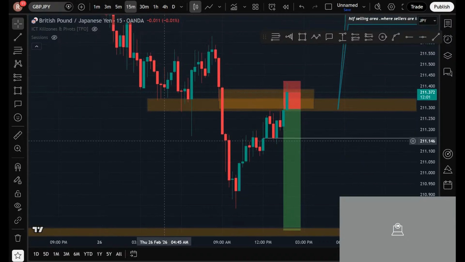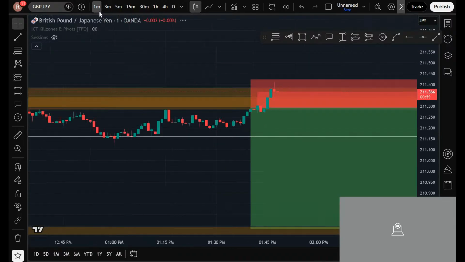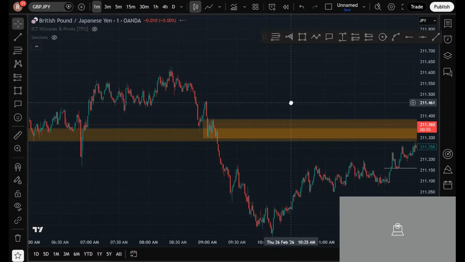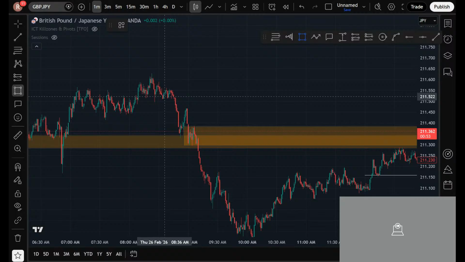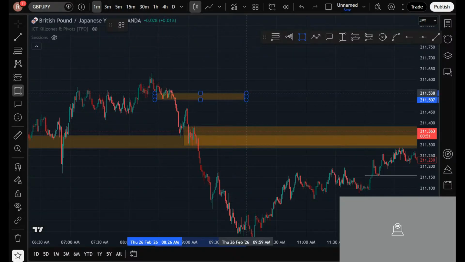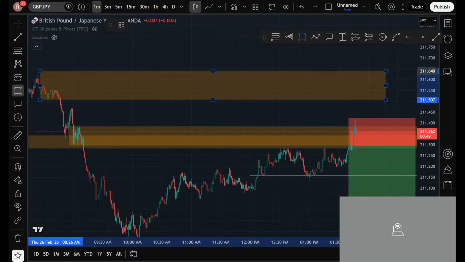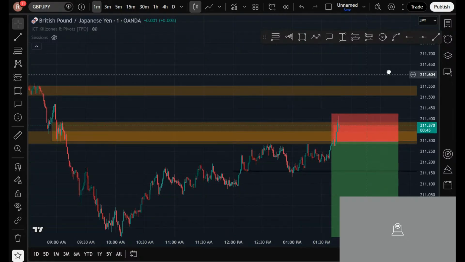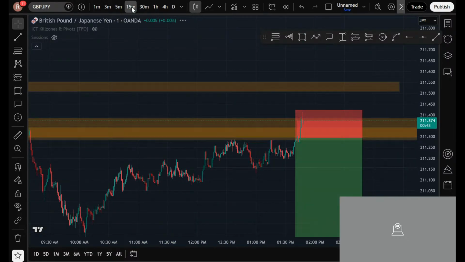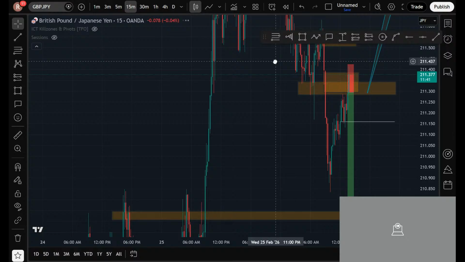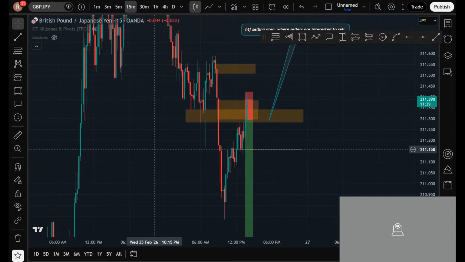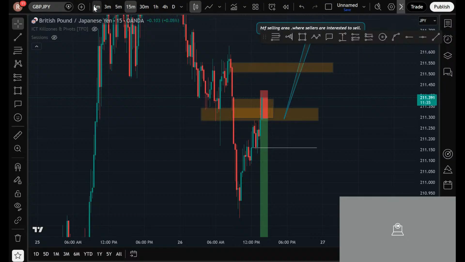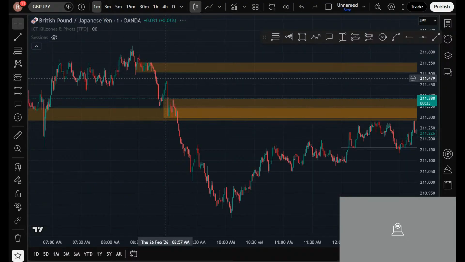If this order flow is rejected, what do we have left? Order flow. This is an extreme order flow over here. So yes, then I'll be entering short from this area. I'll give my buyers a second chance from this area to go bearish, because that's the only order flow that's left.